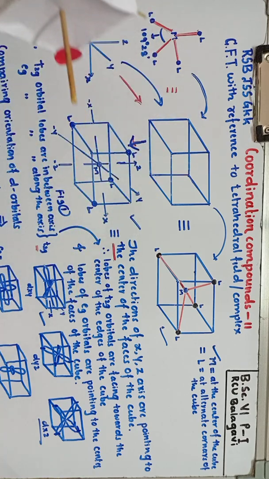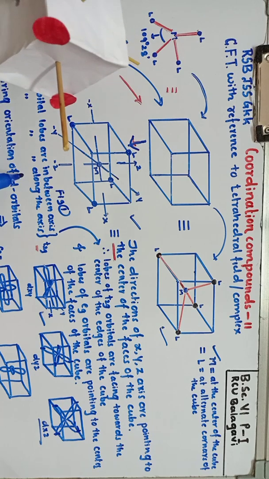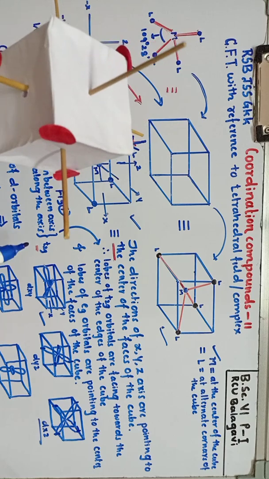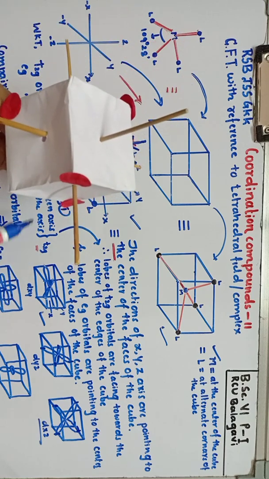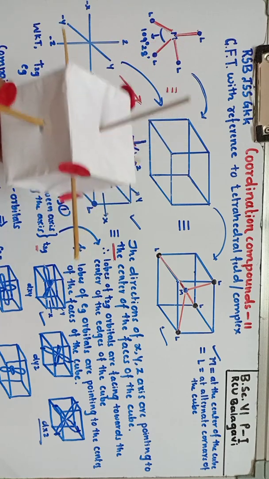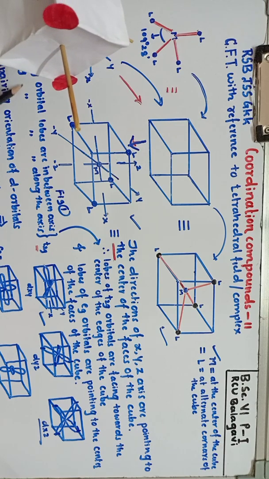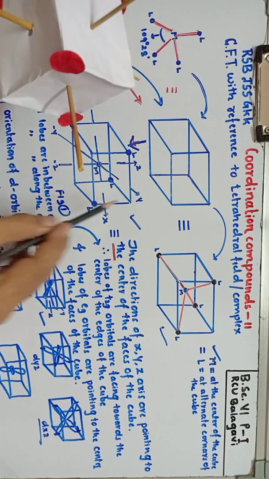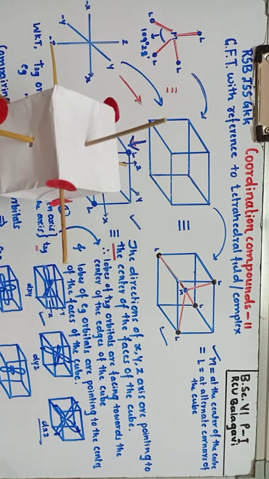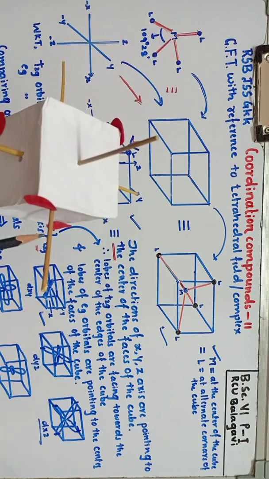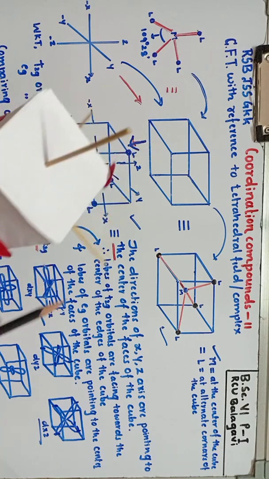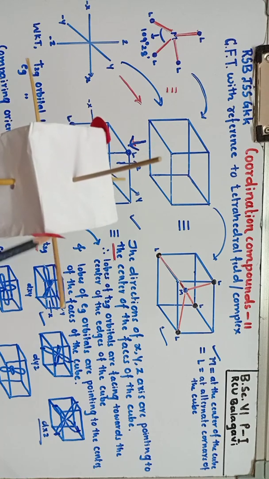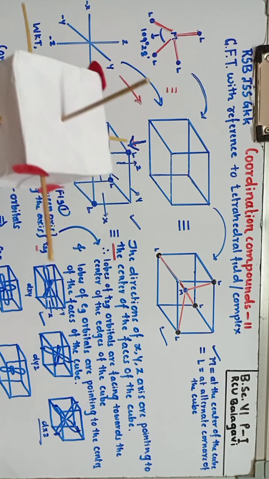Another fact is, we know that the Eg orbital lobes are lying along the axis. This is the fact which we have understood from the shapes and orientation of d orbitals. Now, if this is the case, what about the position of Eg orbital lobes in a simple cube? That means when we compare the lobes of the Eg orbital with respect to the simple cube, how does it look? Already we know that Eg orbital lobes are exactly lying along the x-axis, y-axis and, in case of dz2, the z-axis.